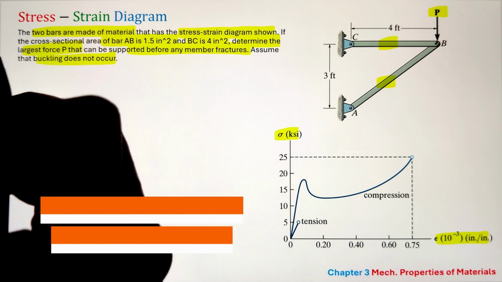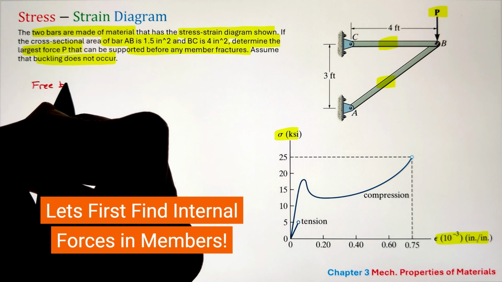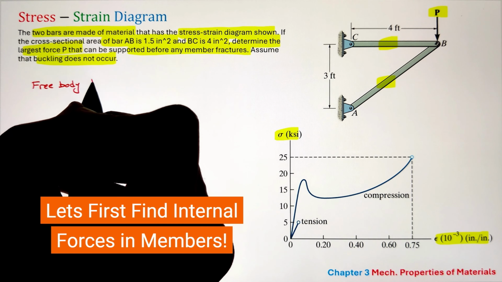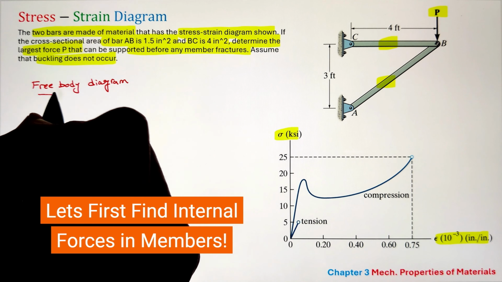So to start, first of all, let's develop our free body diagram, selecting joint B and applying all the external loads and the internal forces that will be generated in the two members.